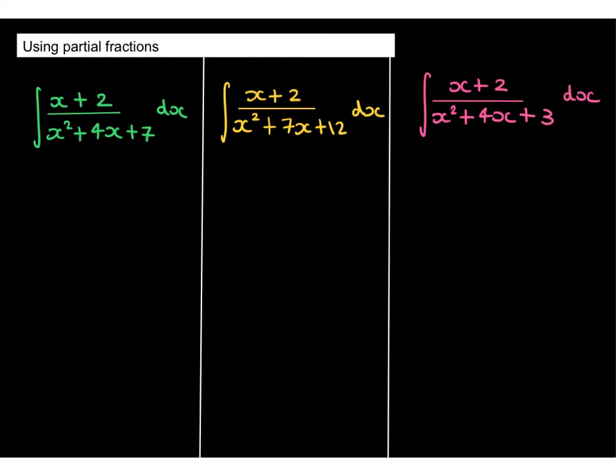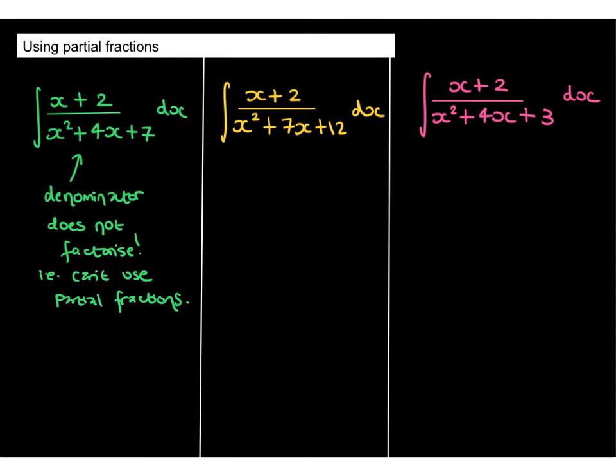Now, the first integral, look at the denominator. It does not factorise. That's a good sign that partial fractions isn't going to work here. But what is much more interesting is, look at the denominator, x squared plus 4x plus 7, and notice that if you differentiate it, it becomes 2x plus 4, which is of course a multiple of the numerator.